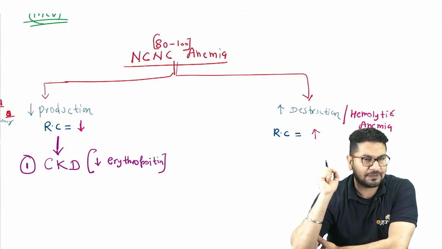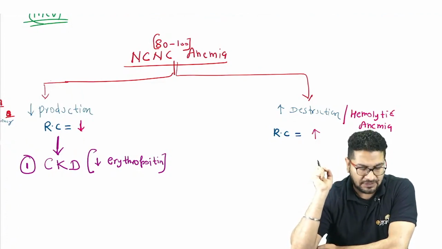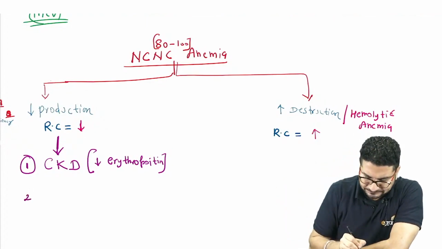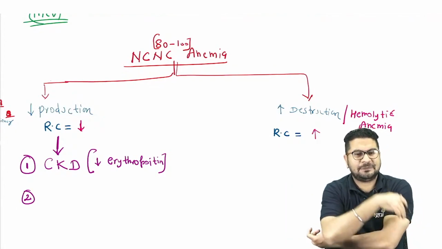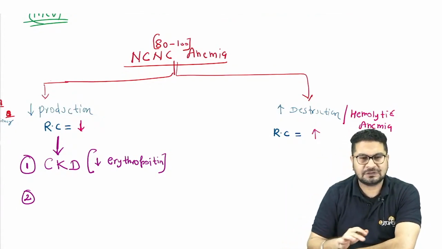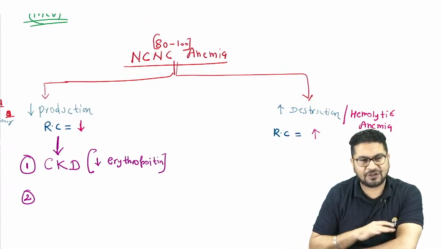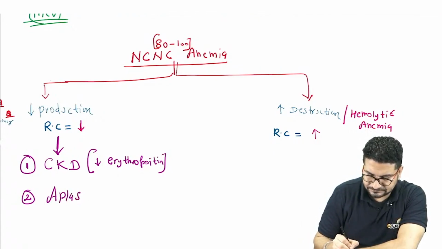So in CKD, what is the problem? CKD means chronic kidney disease. There is decreased erythropoietin, meaning decreased erythropoiesis. Second, there are hematopoietic stem cells. Suppose they are totally lost. There is complete destruction of hematopoietic stem cells, that is seen in aplastic anemia. So the next cause will be aplastic anemia.